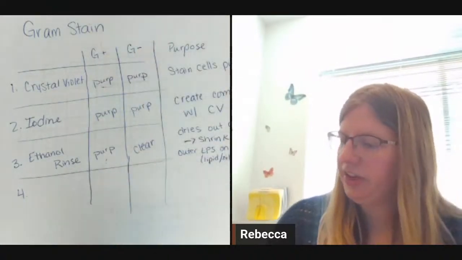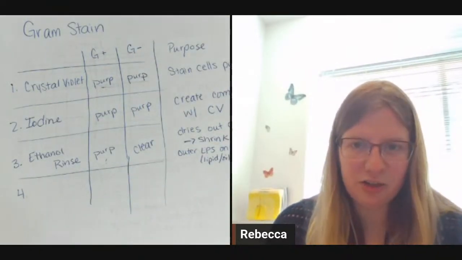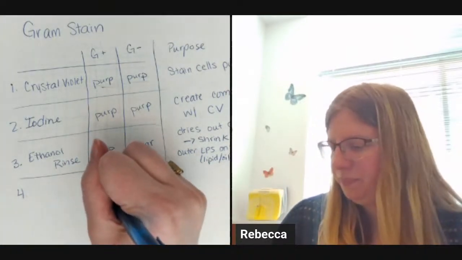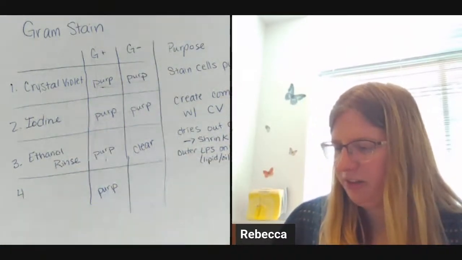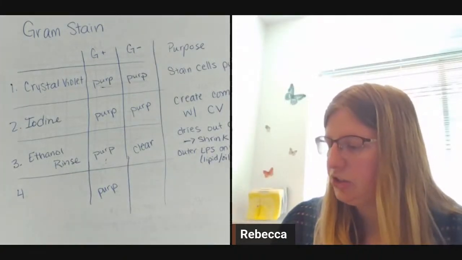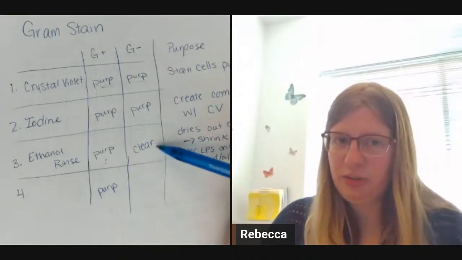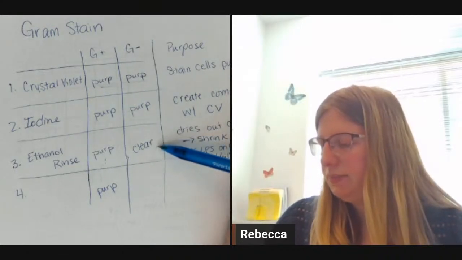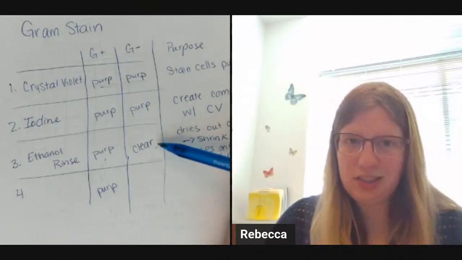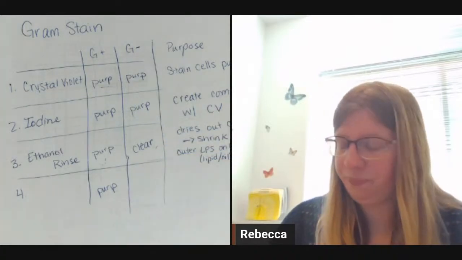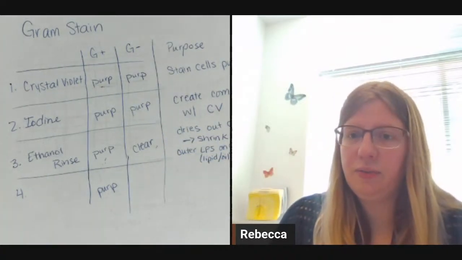But when we look at gram-negative under the microscope, it's not clear, is it? No, it's got a color, right? And we know that gram-positive ends up purple. That's because you can't really see clear cells under the microscope, so we have to give them a color.